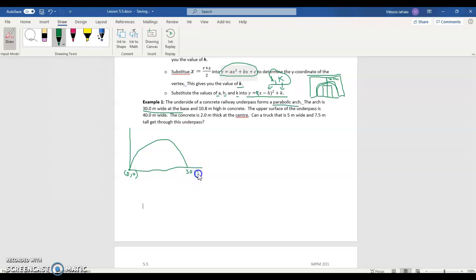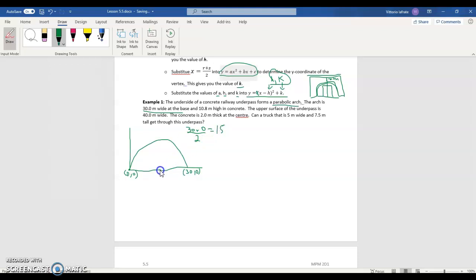And we know that the highest point is going to be in the middle for the parabola, so between 0 and 30. If you don't know what that is, all you have to do to find the midpoint is simply do your x values for your two zeros, 30 plus 0, divided by 2, and that'll give you the in-between. And so it'll be 15. So at 15 meters is where you have your highest point.